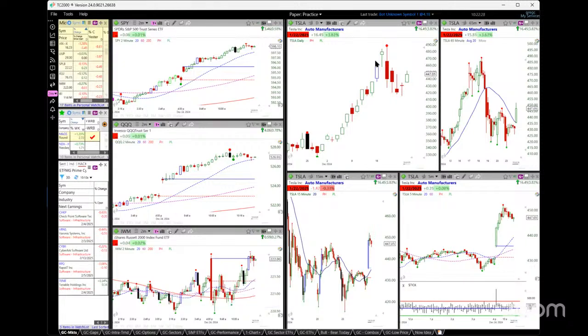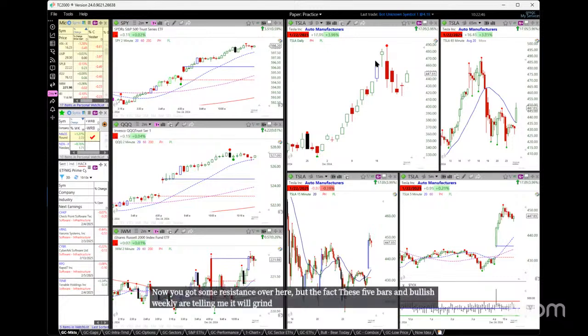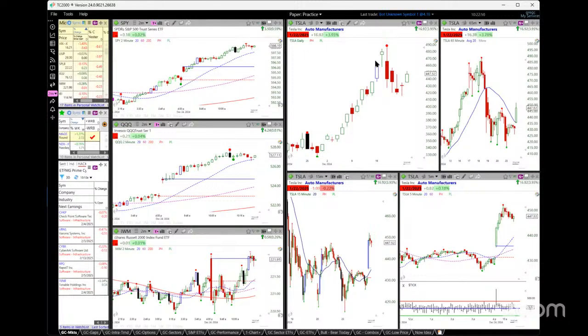That's a bullish pattern now. I told you, 4 bullish inside bars. Now you've got some resistance over here, but the fact that these 5 bars in the bullish weekly are telling me it will grind through that. You know, the old concept of no follow through. That WRB is bullish.